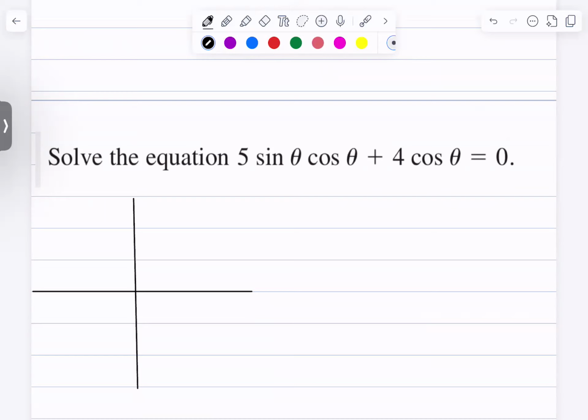Yeah, we're going to pull a cosine out. So cosine of theta times 5 sine of theta plus 4 equals 0, right?